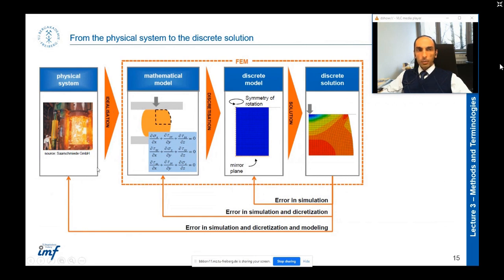Then we try to find a mathematical model for that. So it's a kind of idealization. When we idealize it, it means that we simplify in some manner, because as I said, we cannot model it without simplification.